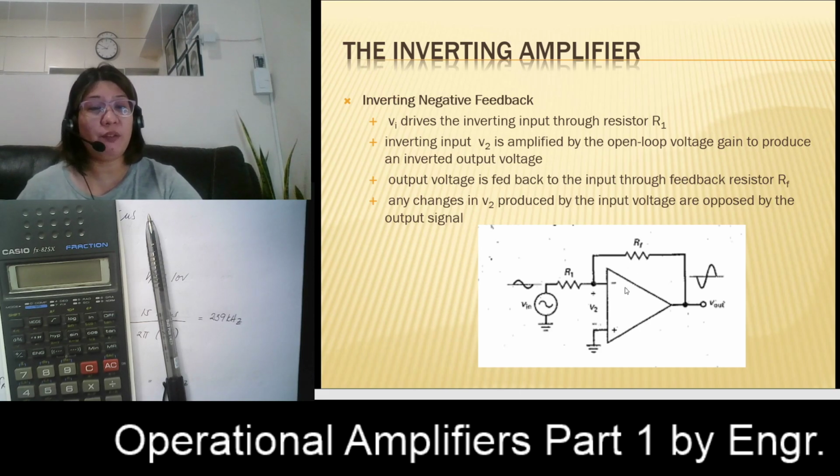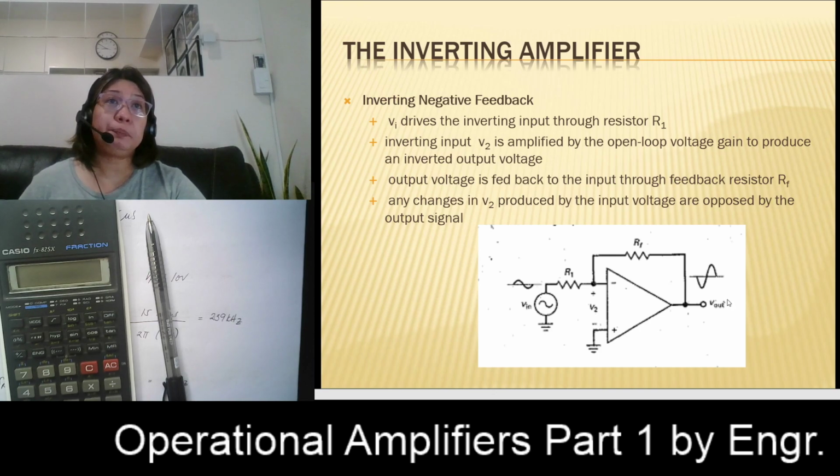Because it is negative, it will be opposing, so since V2 becomes small, even though our open loop voltage gain increases, your output will only very slightly increase. So small that it is hardly noticeable.